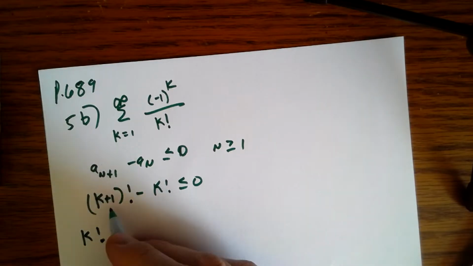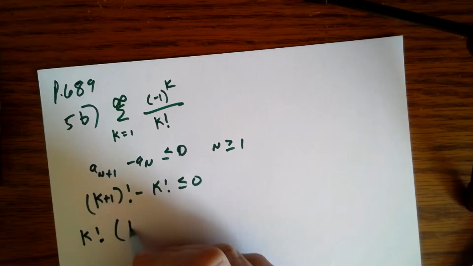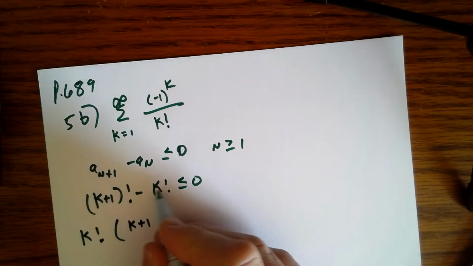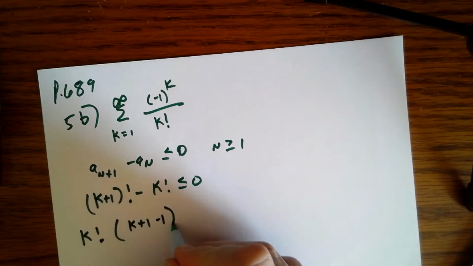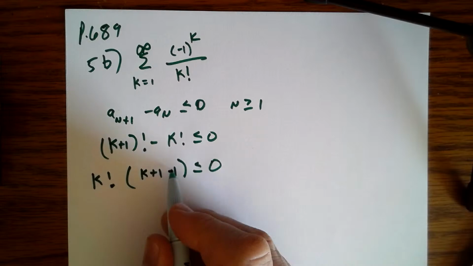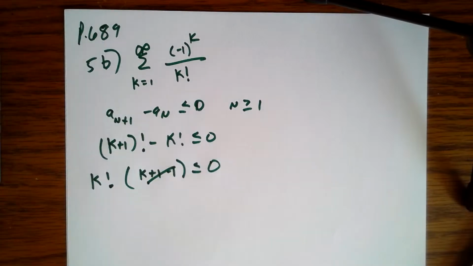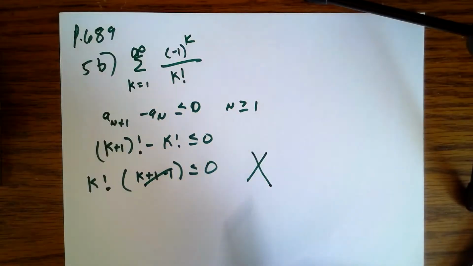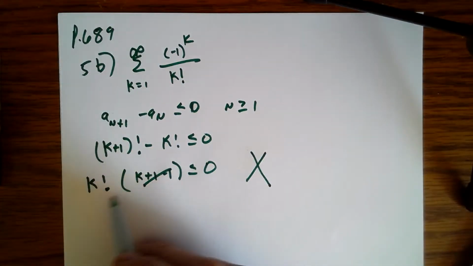So you take out k factorial, and you're left with k plus 1 in the first term, minus k; the factorials go away. Is that going to be less than 0 for all terms? I don't know how to prove that it's going to be less than 0 for both terms. That one fails. This one's more useful if you've got something geometric.